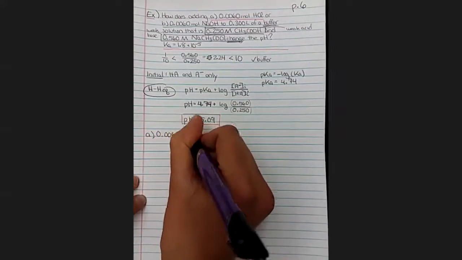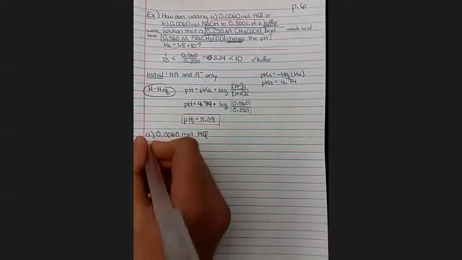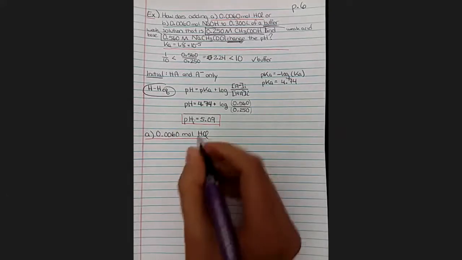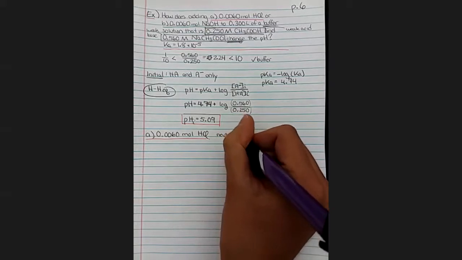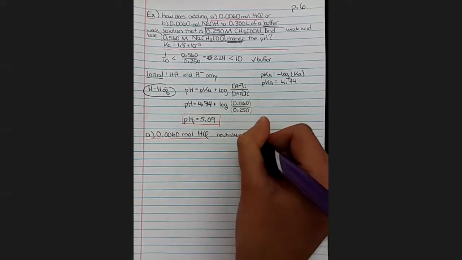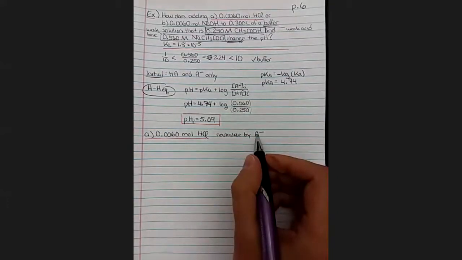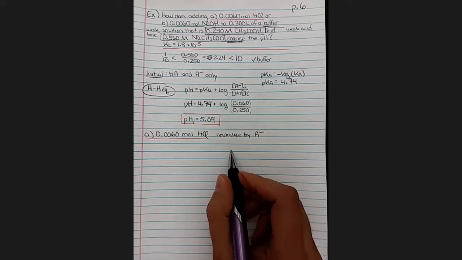0.0060 moles of HCl added. How does that change the pH? We know that when we add a strong acid to a buffer, we're going to neutralize it with our weak base. And when we have a weak base and neutralizing, we need to do a DNA table, and DNA tables need to be in moles.